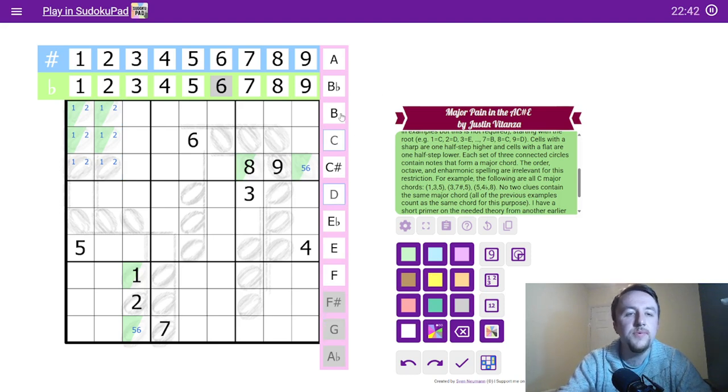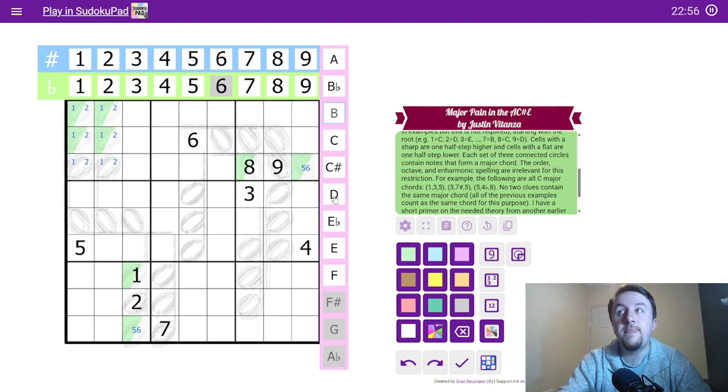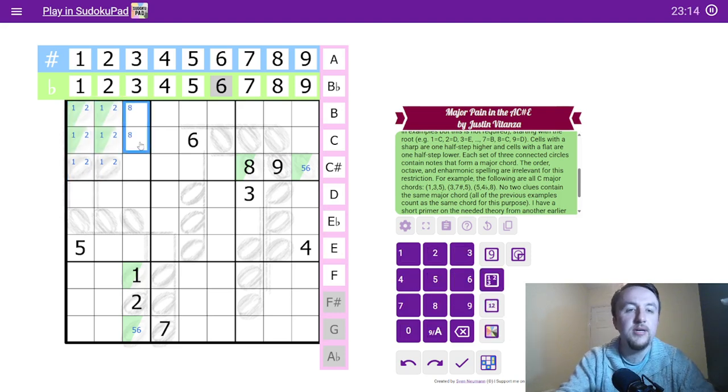So again, we've got the options of either making a G major triad or an A flat major triad, but both of those are gone, and we can't make a B major triad with 2 and 8, because that would require a flat 8, a sharp 2, and then either a sharp 4 or a flat 5. Right, okay, so we can't put 8 on either of these. So the 1 and the 2 definitely go on different triads. And the 8 can't go on either the 1 triad or the 2 triad. So the 8 must go here.